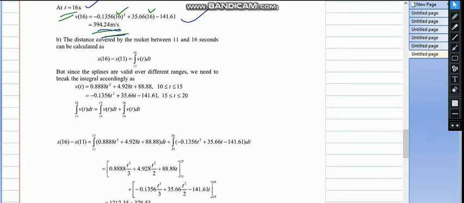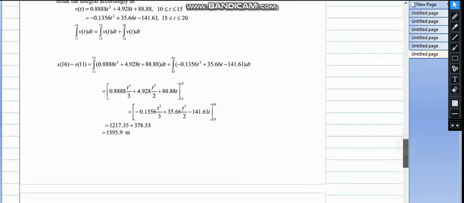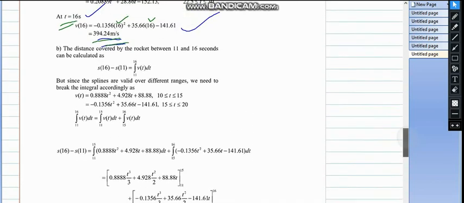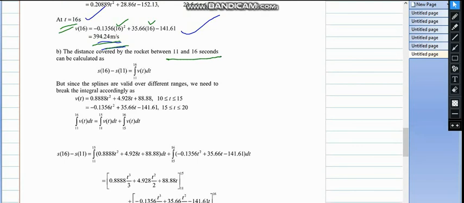So then after that, what did we have to find? We had to find the distance covered between 11 and 16 seconds, and this can be calculated by subtracting the distance covered at 11 seconds from that at 16 seconds. That can be done by using integration also, integration of v(t) dt, that is nothing but the distance that is covered.